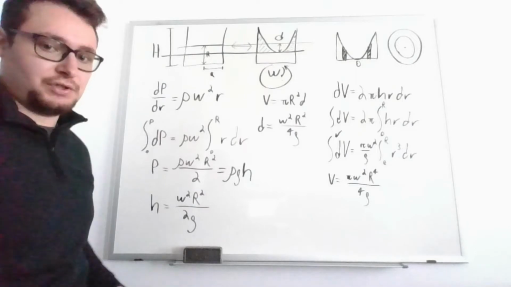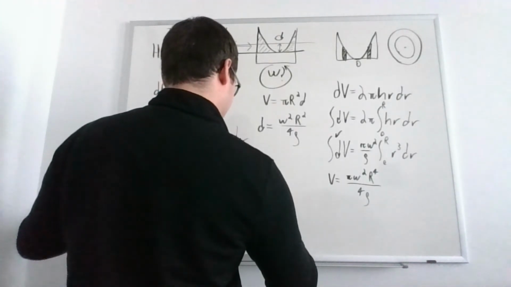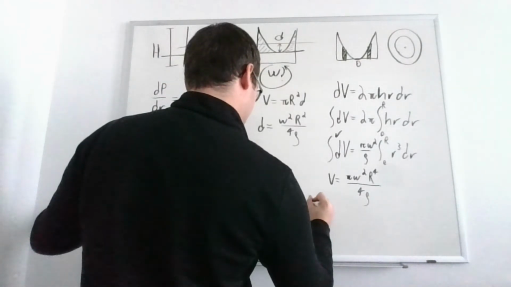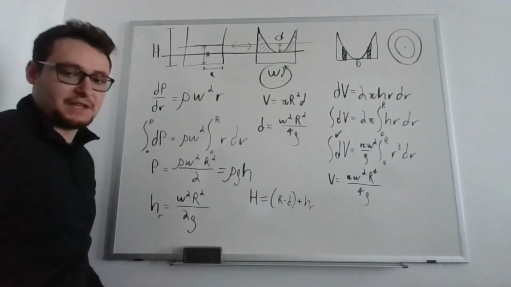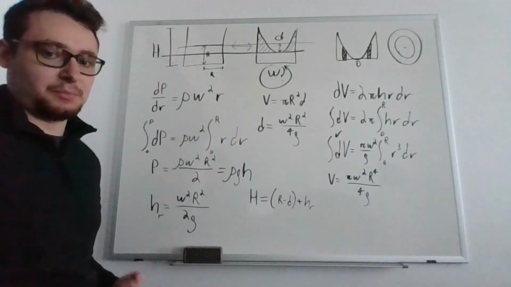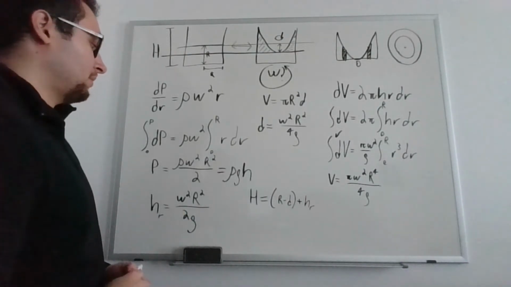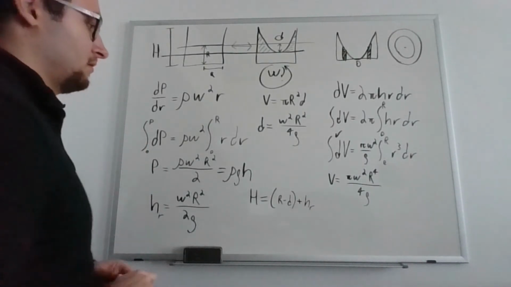So this equation, I'll just put that sub r there so you know which h I'm talking about. So we can proceed to plug in some values here really quickly.